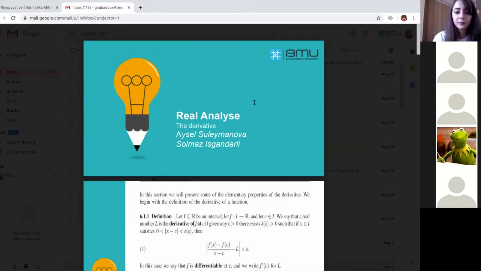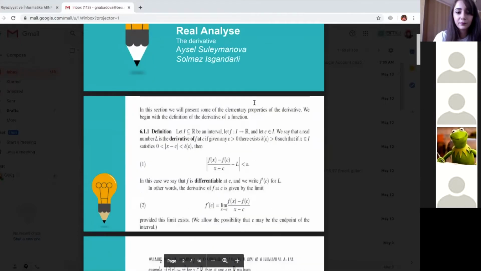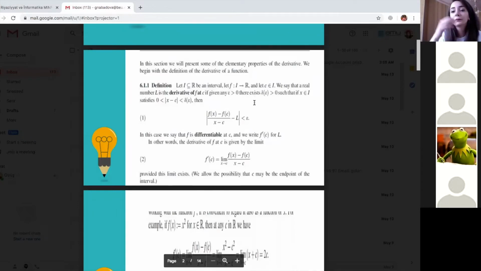Our topic is derivative, and in this section we will present some elementary properties of the derivative. Let us start from Definition 1. Let E included in R be an interval.